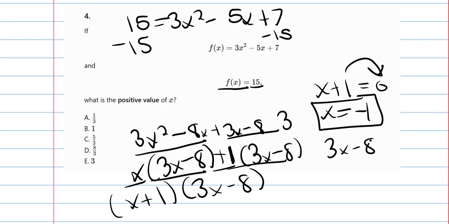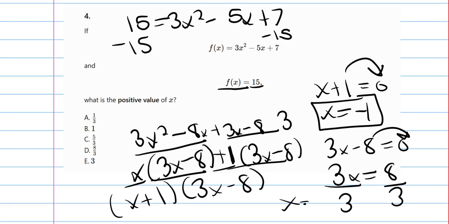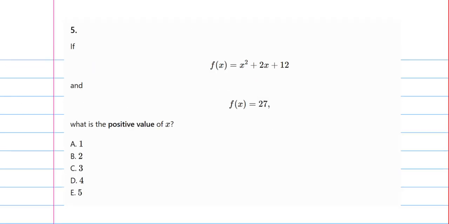And for the other one, that would be 3x minus 8 is equal to 0. And put it on the other side again. So 3x is equal to 8. So divide both by 3, and x is equal to 8 over 3. So you have two values: x is equal to negative 1 and x is equal to 8 over 3. So we're asked for the positive value. So 8 over 3. That's the answer.